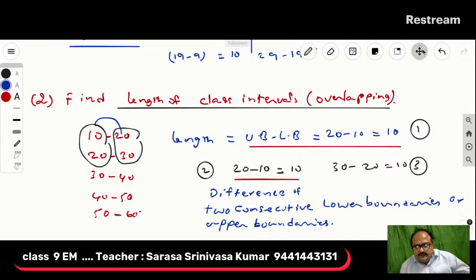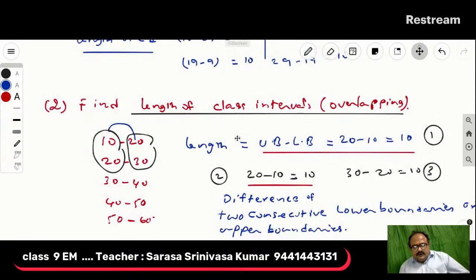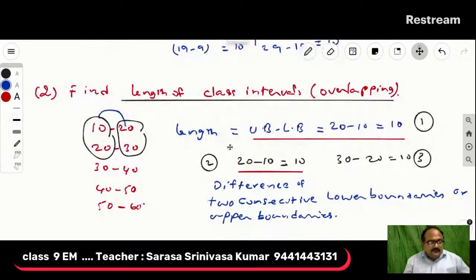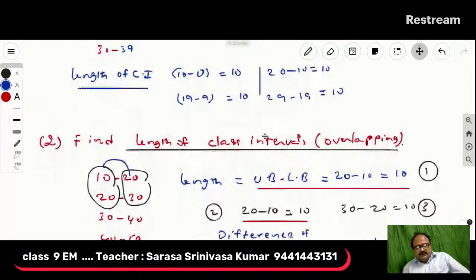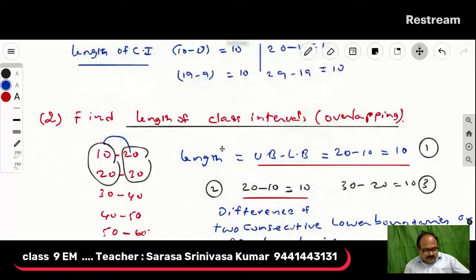This is how we understand the concept of the length of class interval for overlapping class intervals and non-overlapping class intervals.